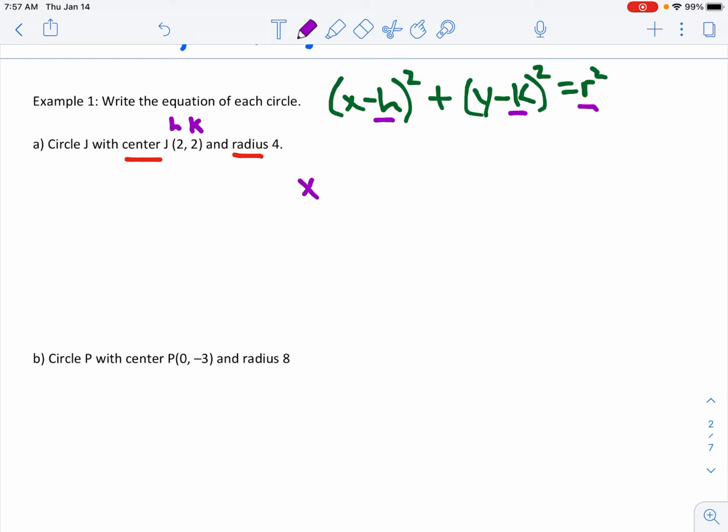So x minus, and now let's put in our h, which was 2, and then I square it, plus, let's copy the y, minus, and now let's put in k. K was a 2, and then I'm going to square it. And that should equal our radius, and in this problem, r is 4, so I'm going to put in 4 squared.